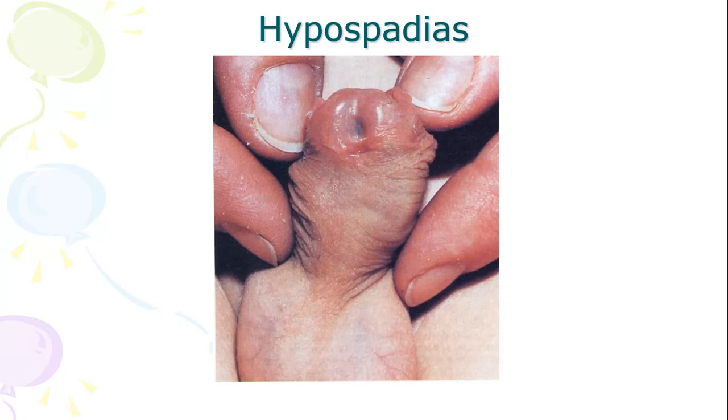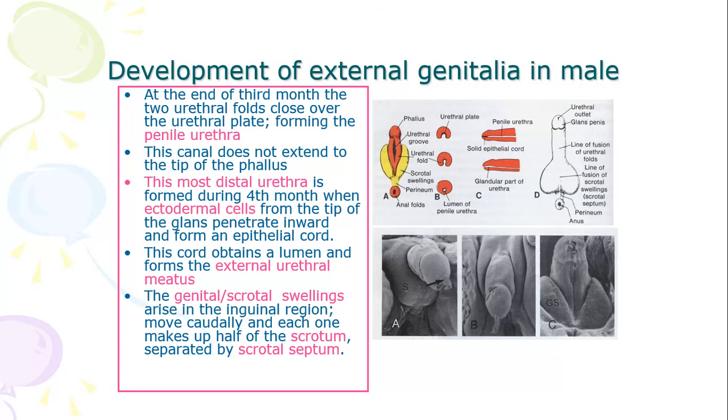So here is an example of hypospadias. It is shown that there is an abnormality in the opening of the urethra in the distal part of the external genitalia in males. It is forming at the end of the third month. The urethral folds cover the urethral plate, forming the penile urethra, and then this canal does not extend to the tip of the phallus.